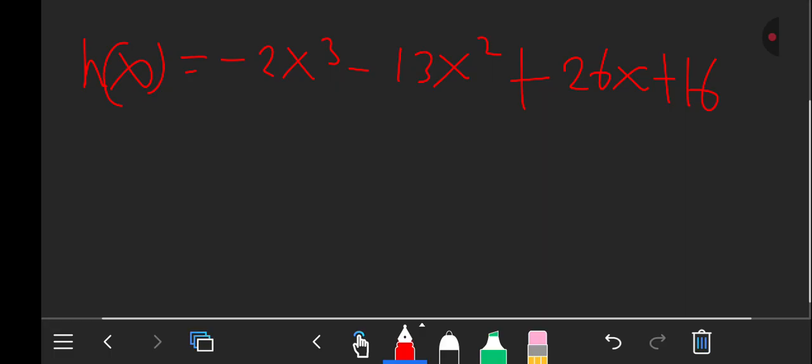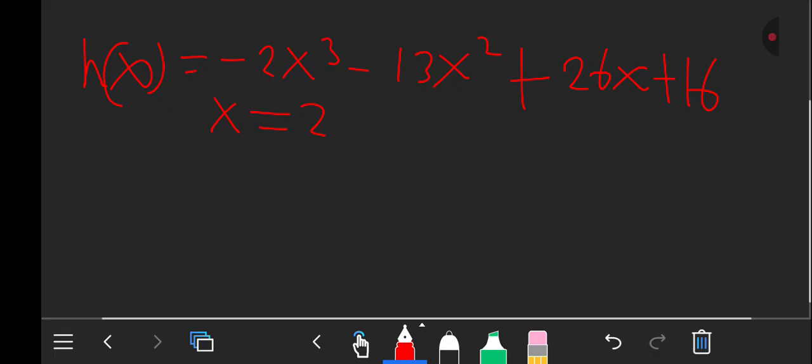The first thing, you need to use the trial and error method to get the factor. Which number can you substitute on x so that you get the remainder to be 0? So it is x equal to 2. If you try x equal to 2, you get the remainder to be 0.